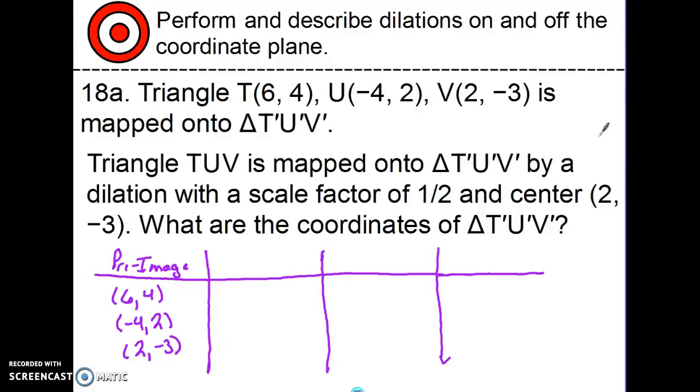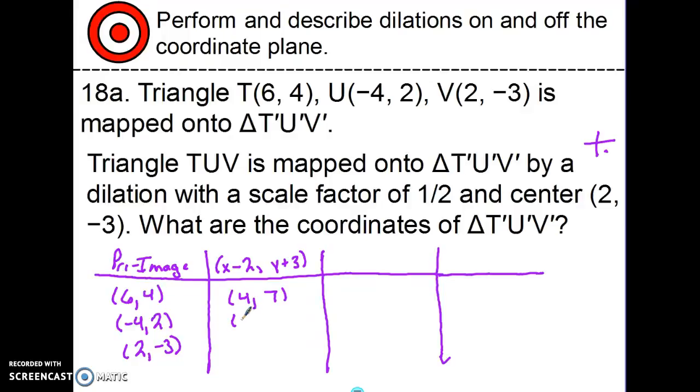Envision a graph: if you have the point 2, -3, it's down here, right? So I would need to move it left 2 and up 3 to get it to 0, 0. That would involve taking the x's and minusing 2, taking the y's and adding 3, to come up 3. So let's do that to all of our points here. 6 minus 2 is 4. 4 plus 3 is 7.